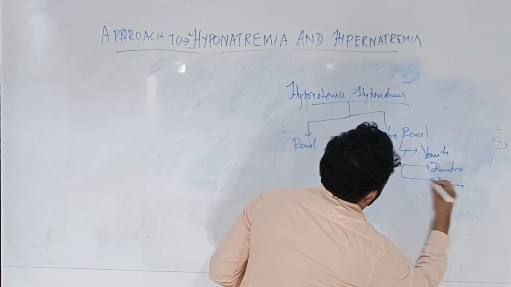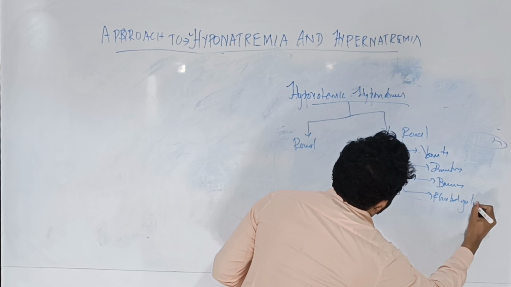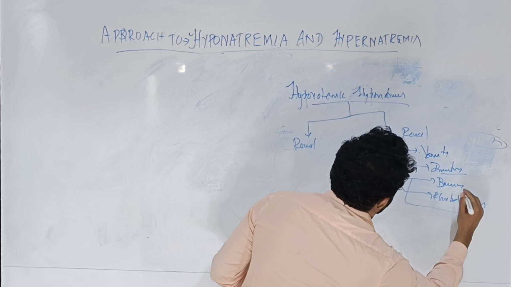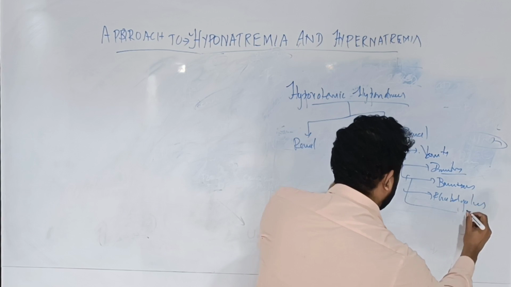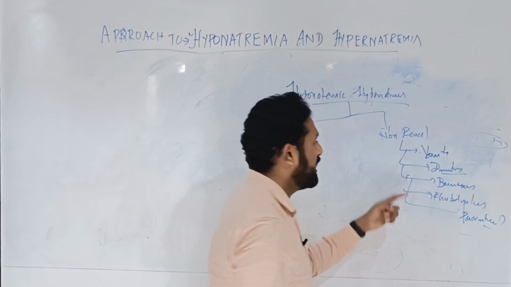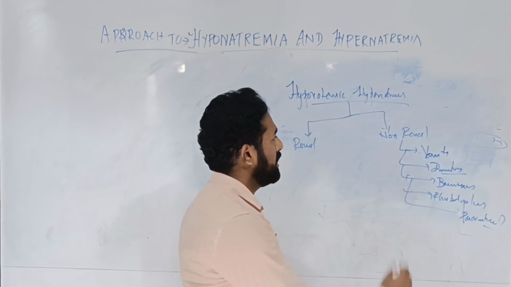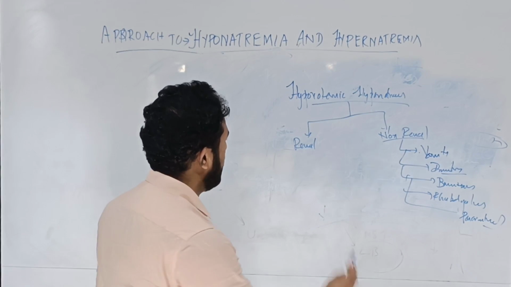burns, rhabdomyolysis, and pancreatitis. Okay, vomiting, diarrhea, burns, rhabdomyolysis, pancreatitis. These are the non-renal causes, any cause of third space loss. So the patient's volume status will be depleted.